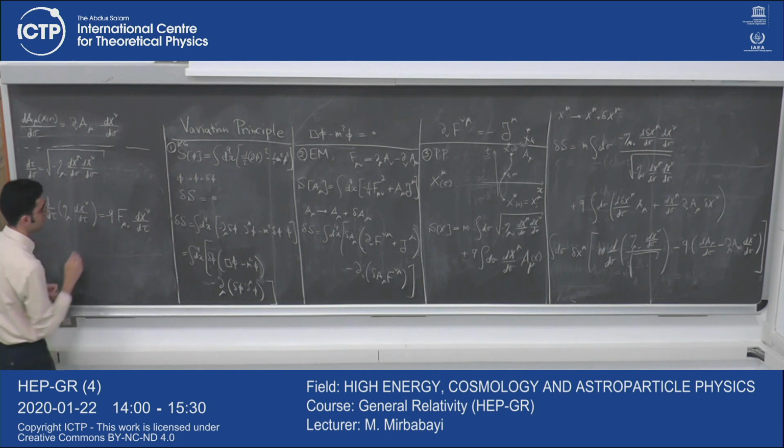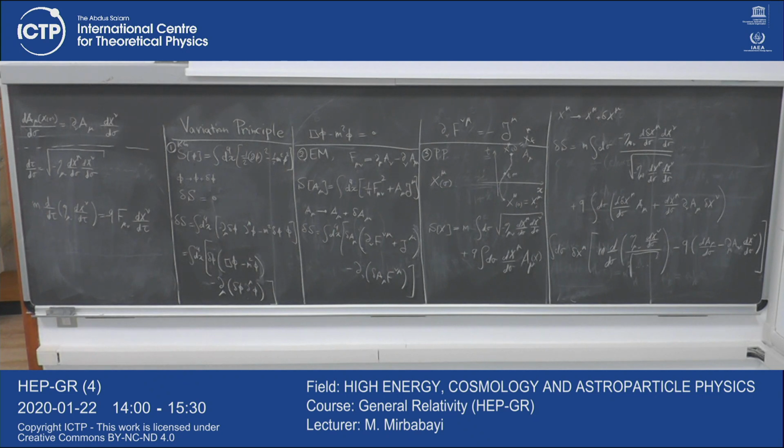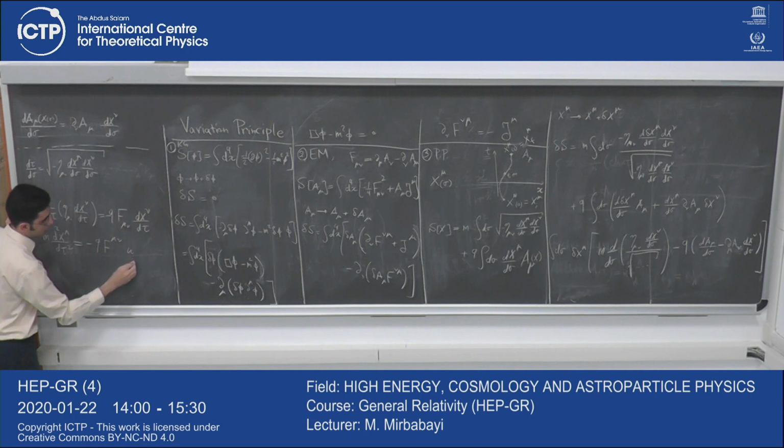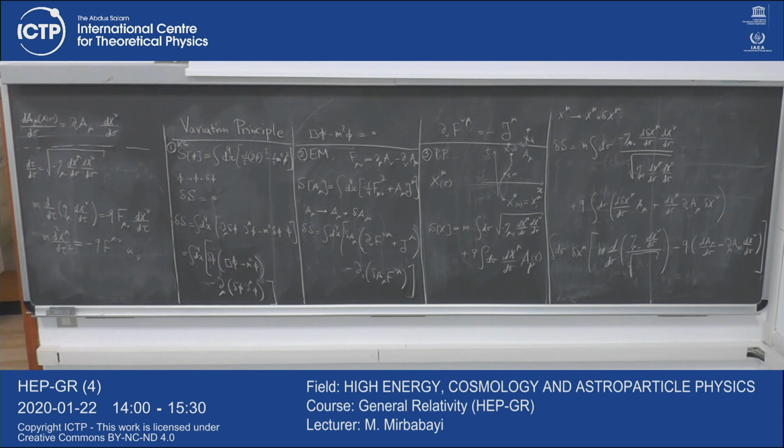Of course, η_μν is constant, so I can take it out. And then I can multiply everything by the inverse of η_μν. So I get the second derivative of x^μ with respect to τ is equal to minus q times F^μ_ν times u^ν, where u^ν is the four-velocity.